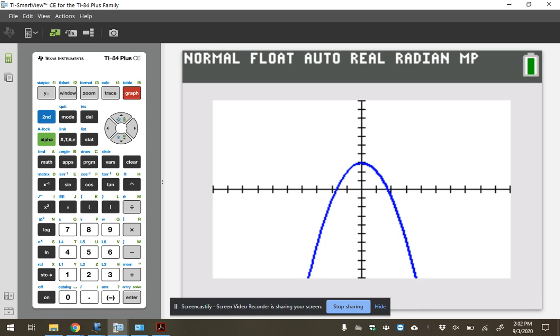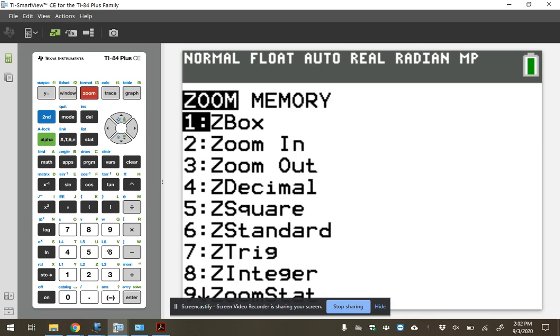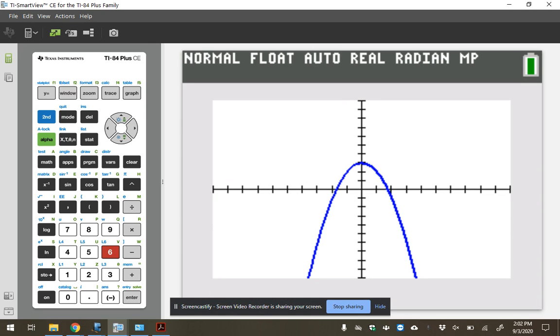Okay? Now, if your picture doesn't look like mine, you may need to hit zoom 6, and that will reset your window to 10 by 10 like mine is. If yours looks like mine, then you're good. Yours didn't grab it? Okay, let's see what's going on. Let's see if you can see the resets.